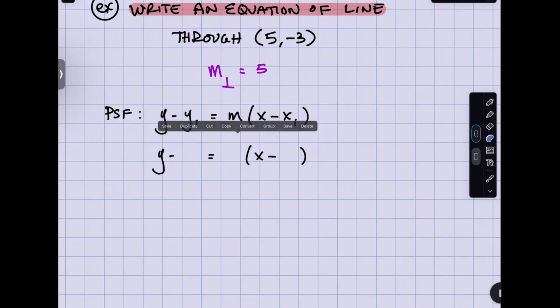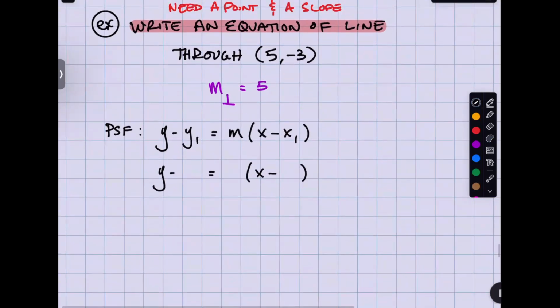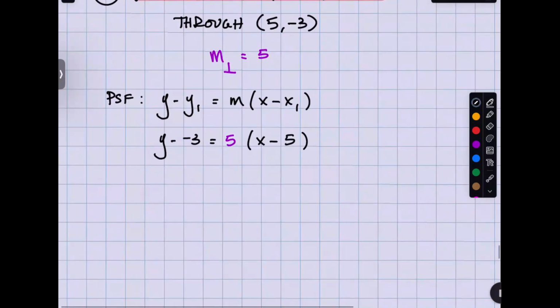So now all I'm doing is just putting things in, right? I got my slope. I have my x value. I have my y value. So now I have y plus 3 equals 5 times x minus 5.